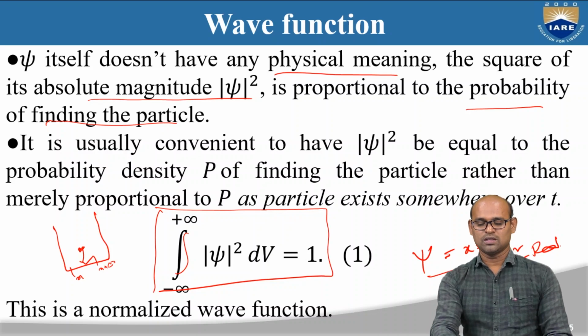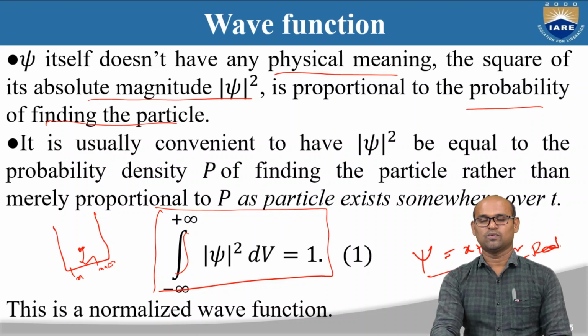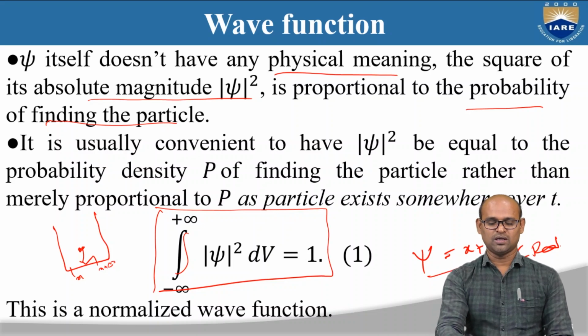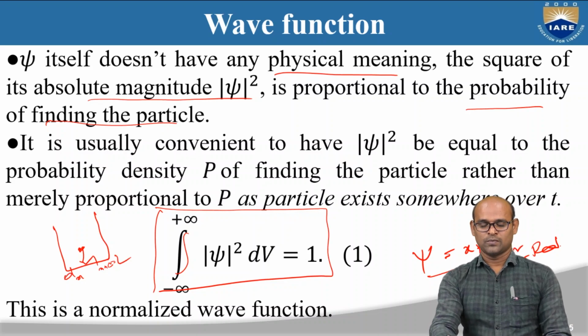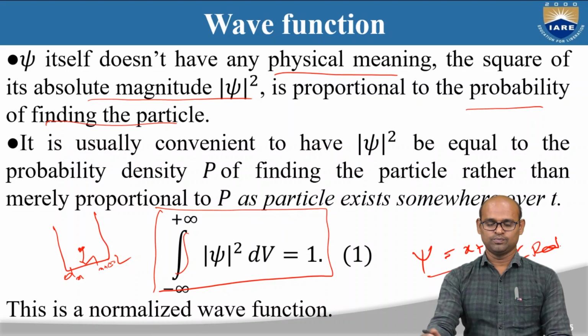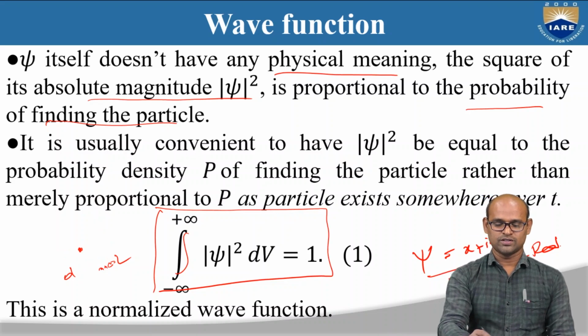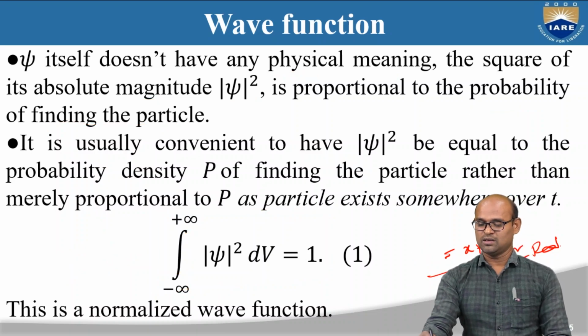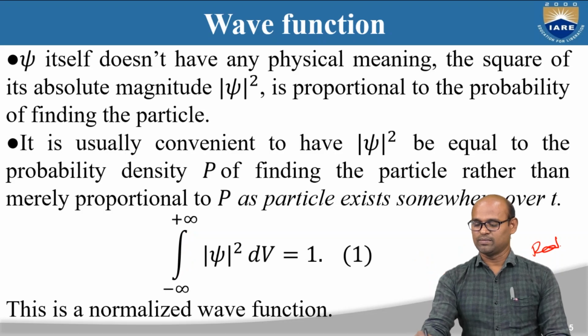If I sum up all the probabilities of finding this particle, they must add up to 1. That means the particle exists somewhere in the limits minus infinity to infinity, or if you define a box of length L, from 0 to L. This is called the normalization condition. It tells us that the particle exists somewhere in the given limits.